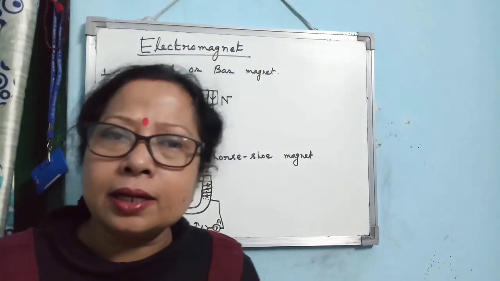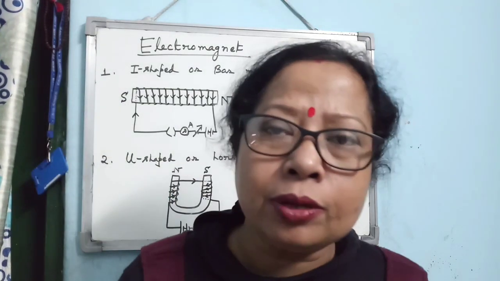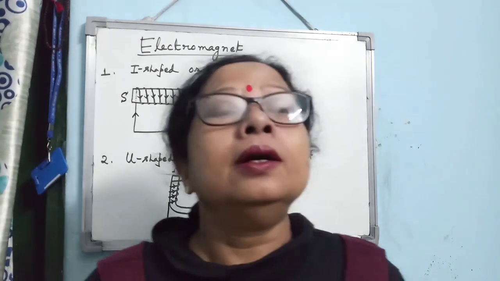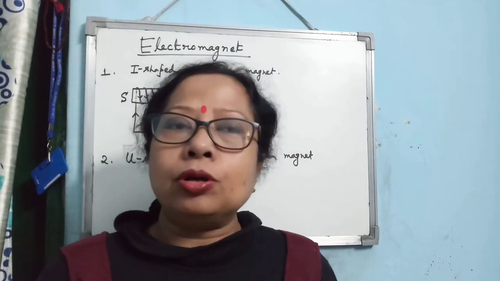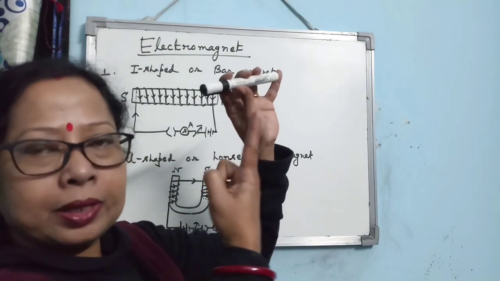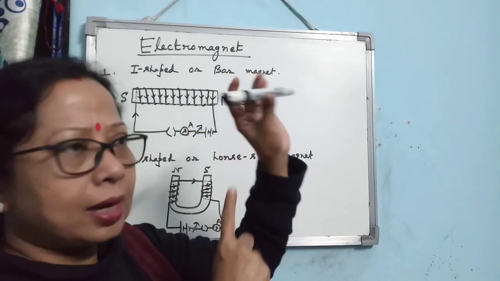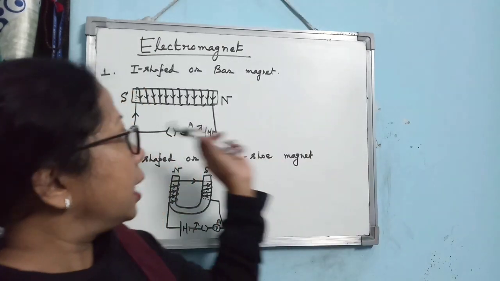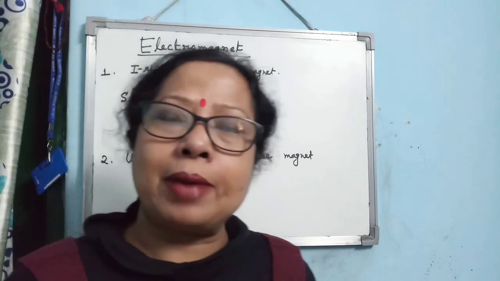Alright, 10B students, I have shown you in the offline class, but 10A and 10C girls, please follow the video and follow the method by using your index finger and a pen or pencil or scale, how you can determine the polarity of an electromagnet.